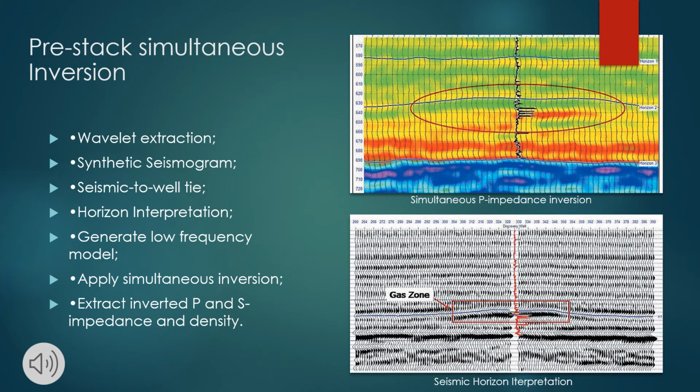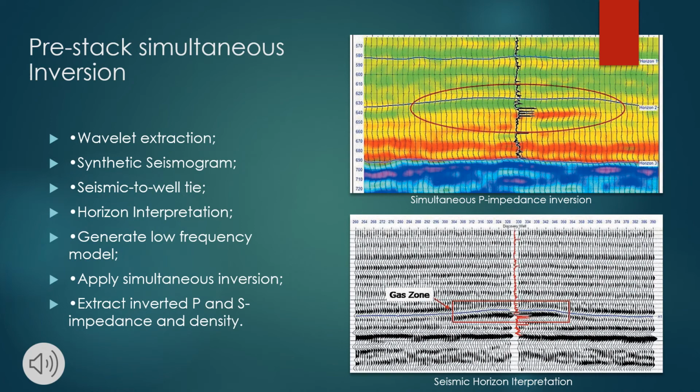We convert depth to time using check shot data to tie the well data to the seismic data. We then interpret the defined potential hydrocarbon accumulation zone, and we expect to find low gamma ray, high resistivity, and low water saturation.